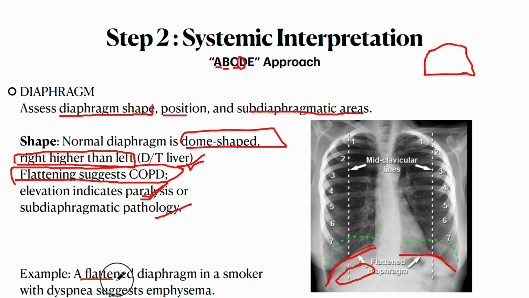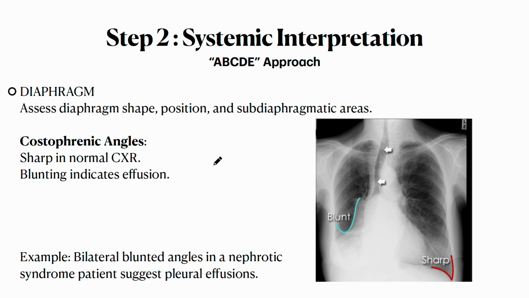So an example is a flattened diaphragm in a smoker with dyspnea such as emphysema, right? This is the normal position that should have been, but it is not here. And we can measure if the diaphragm is flattened or not by measuring the mid-clavicular lines first, and then assessing it, right? So that is how we do the shape analysis, and then the position analysis.